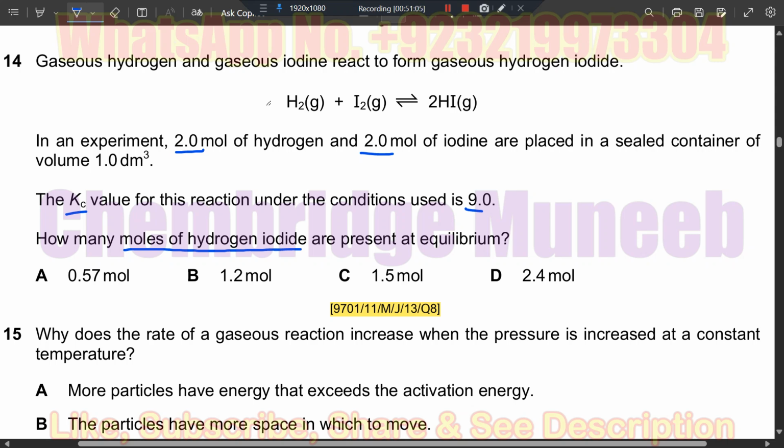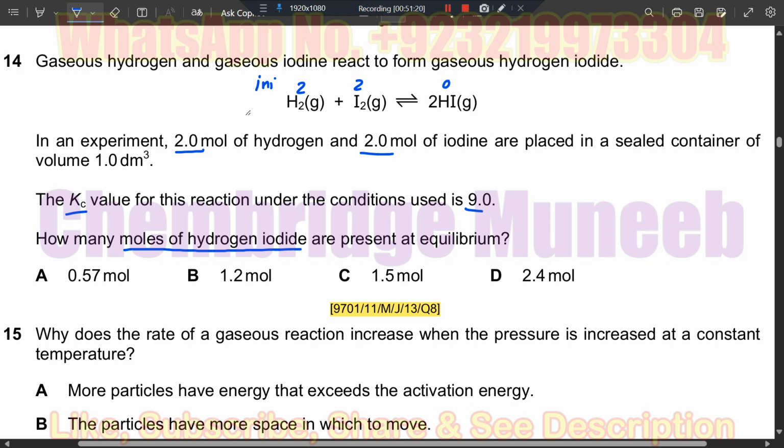For this purpose we have to find out two stages, the initial stage and the change in the stage. So initially there were 2 moles of hydrogen and there were 2 moles of iodine, and at that moment HI moles were 0.